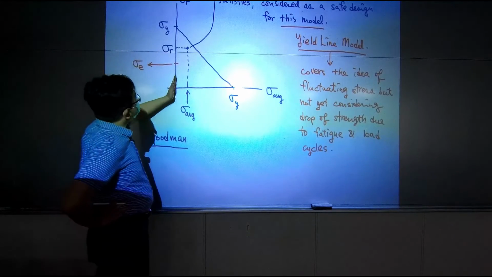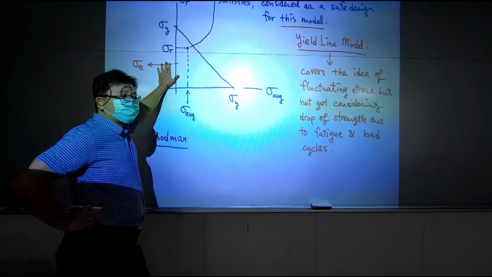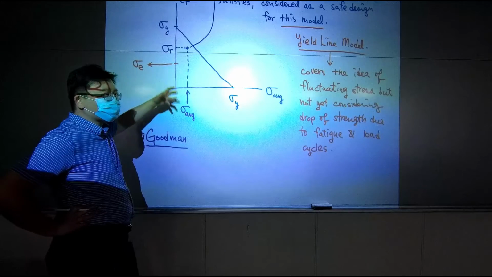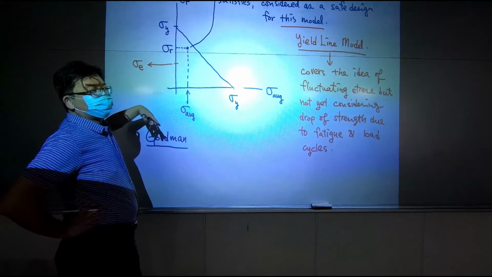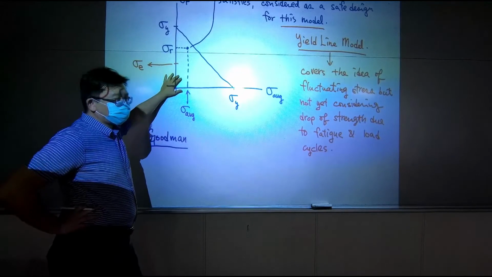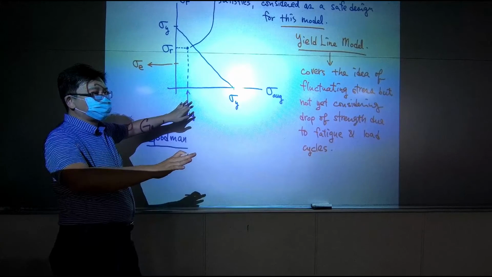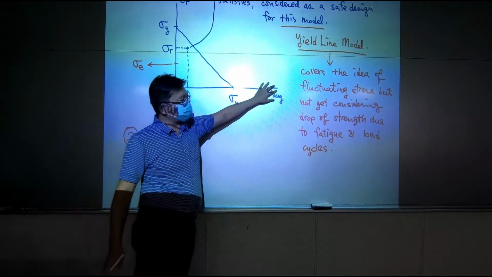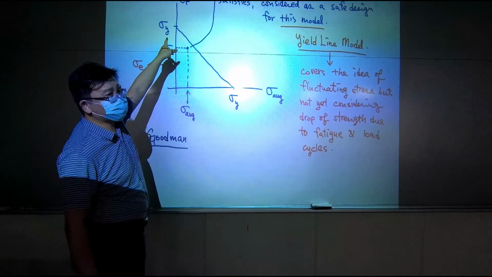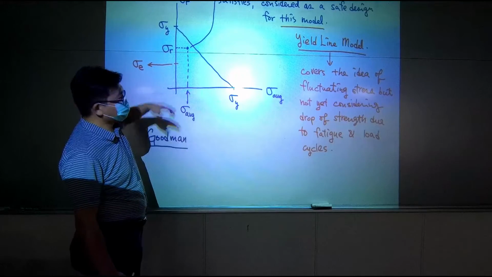Because this is the axis about range stress, and range stress is what's causing the cycles. So they are studying this fluctuating load in two independent ways. They treat the average one as a static load, and they treat the ranged one as the source of fluctuations.